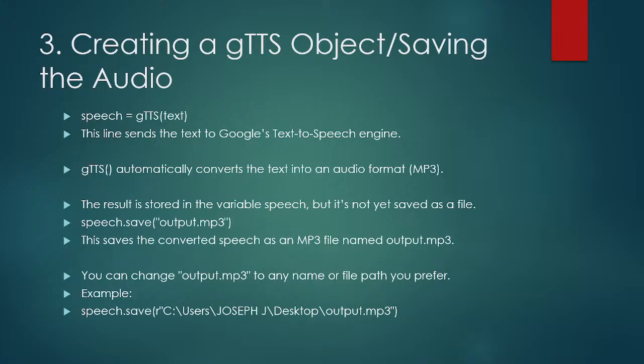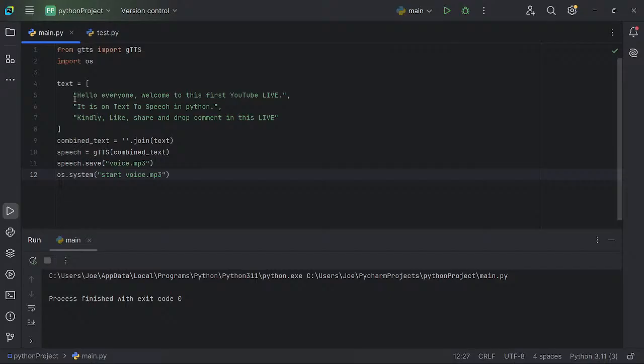Then we created a gTTS object and saved the audio. So we said speech is equal to gTTS. Let me go back to the script and show you. We used combined_text because we created a list of words we want our voice to speak. Then we combined the text using the join method in Python. Then we convert it by using gTTS with our combined text in parentheses.